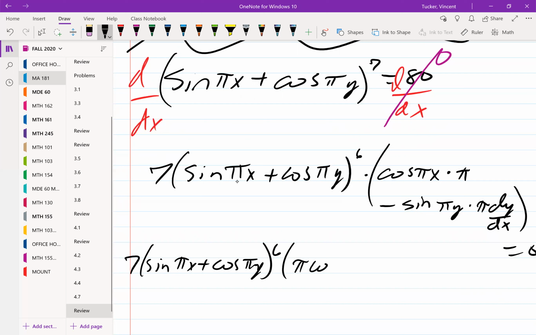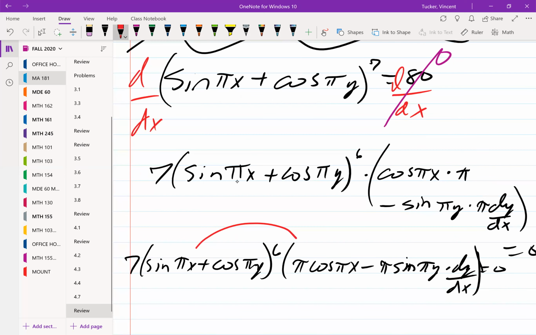So pi cosine pi x minus pi sine pi y times dy dx equals 0.